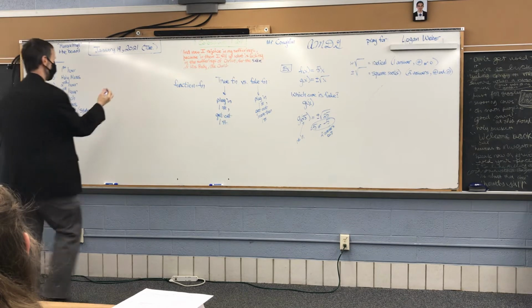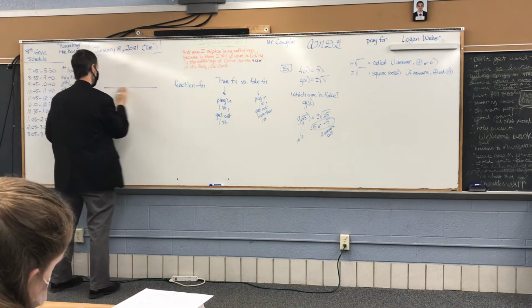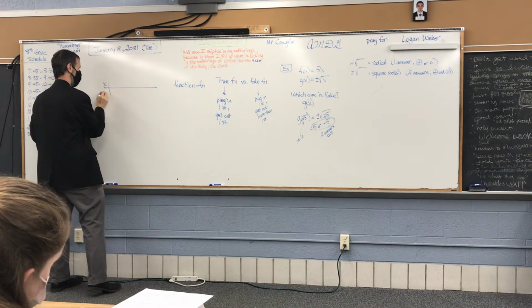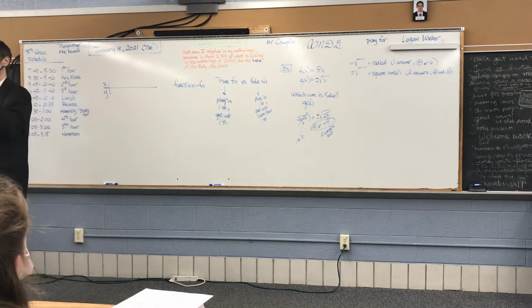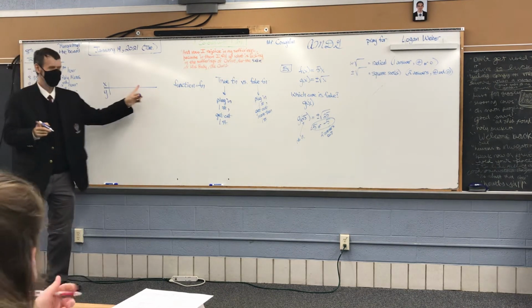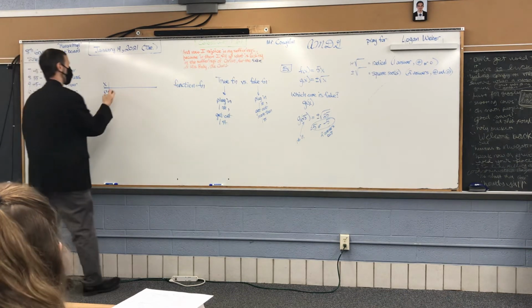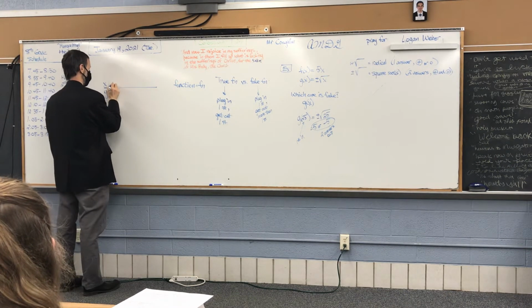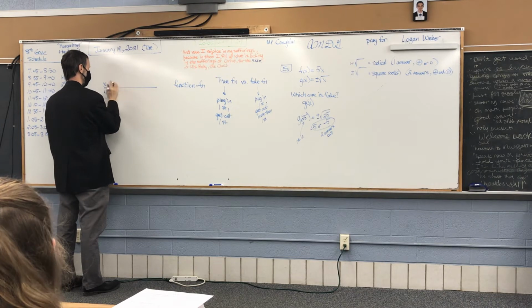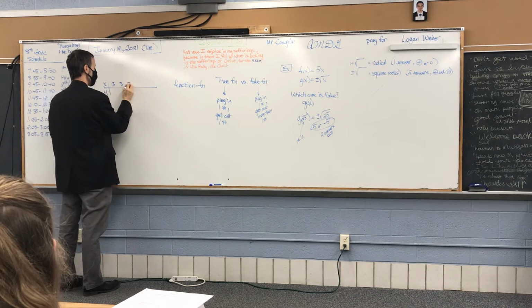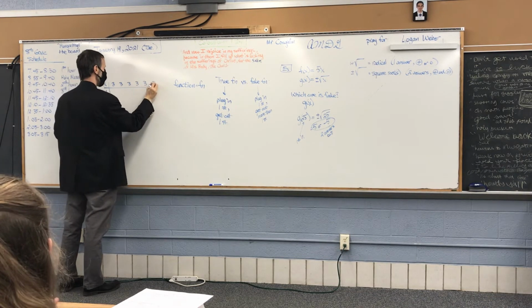Let me give you a demo of this. Go ahead and write this down. This is actually relevant. Draw a chart with X and Y. Try this. Let's try number 3.